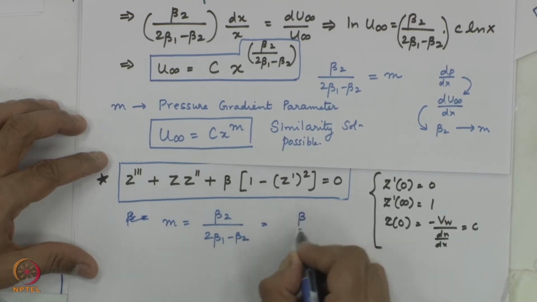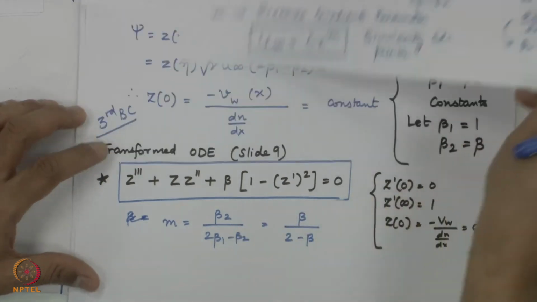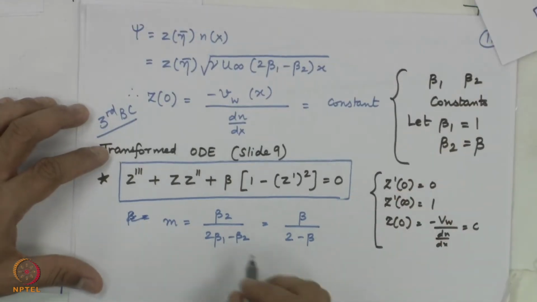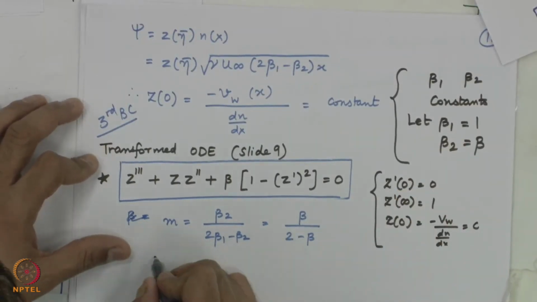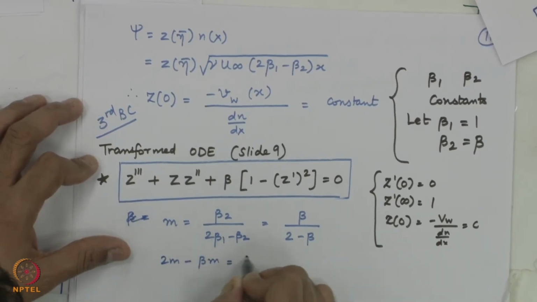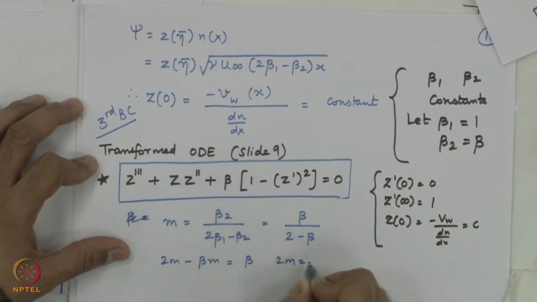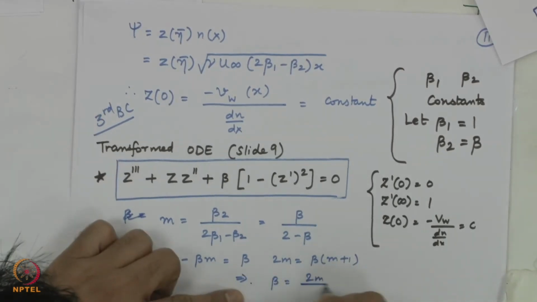We chose beta 2 as beta and beta 1 as 1. So, m is equal to beta over 2 minus beta. So, 2m minus beta m is equal to beta, 2m is equal to beta into 1 plus m. Therefore, I get beta is equal to 2m over m plus 1.